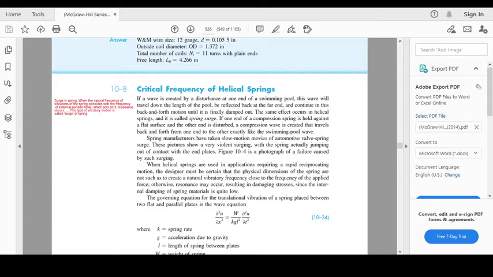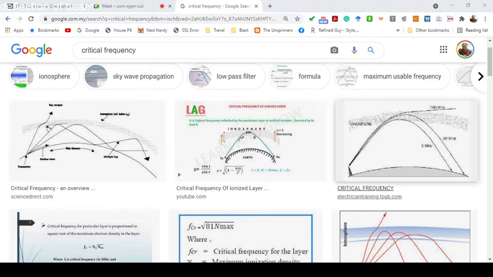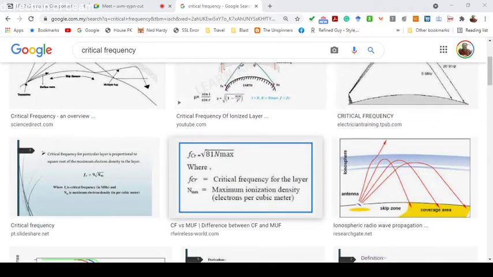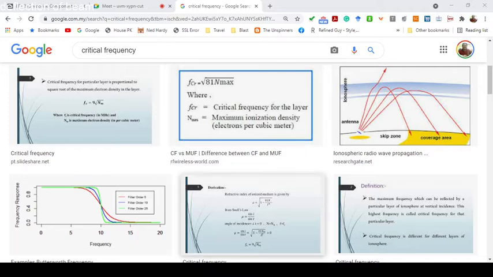Most of the results will go for the atmosphere, meaning that the critical frequency is in favor of your friends in electrical school, antenna school, everything. They understand critical frequency differently than us. We are talking about critical frequency in springs.